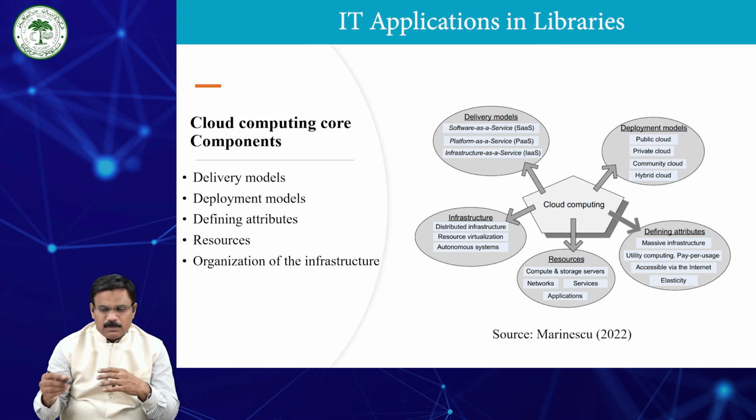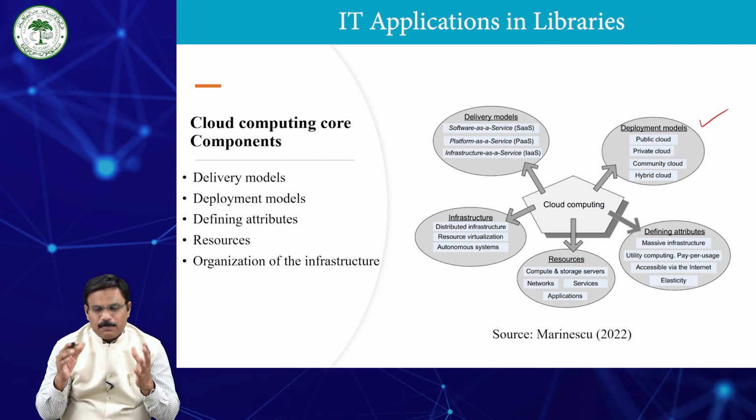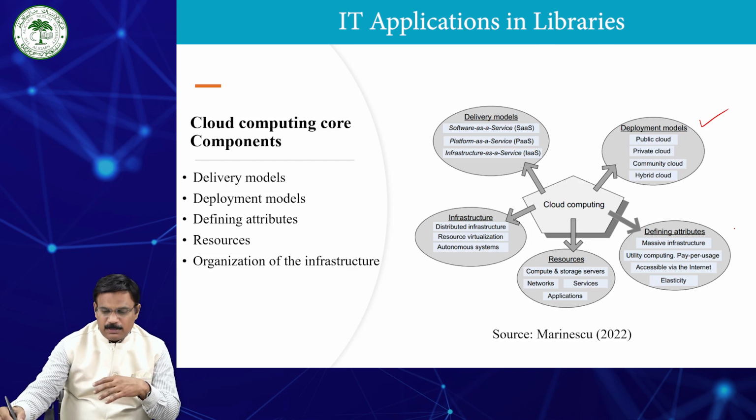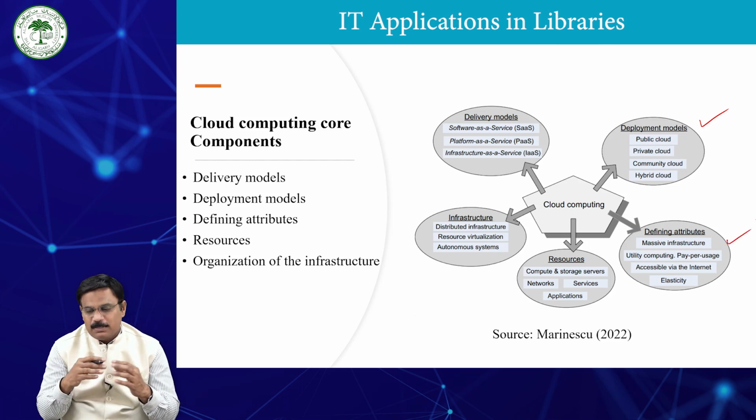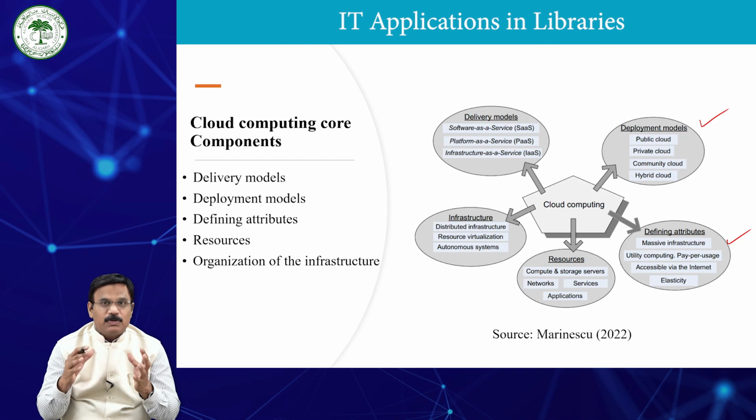Another component is the deployment model. There we'll find the public cloud, private cloud, community cloud, and hybrid cloud. The next component, defining attributes, includes massive infrastructure, utility computing, pay per usage, accessibility via the internet, and elasticity.